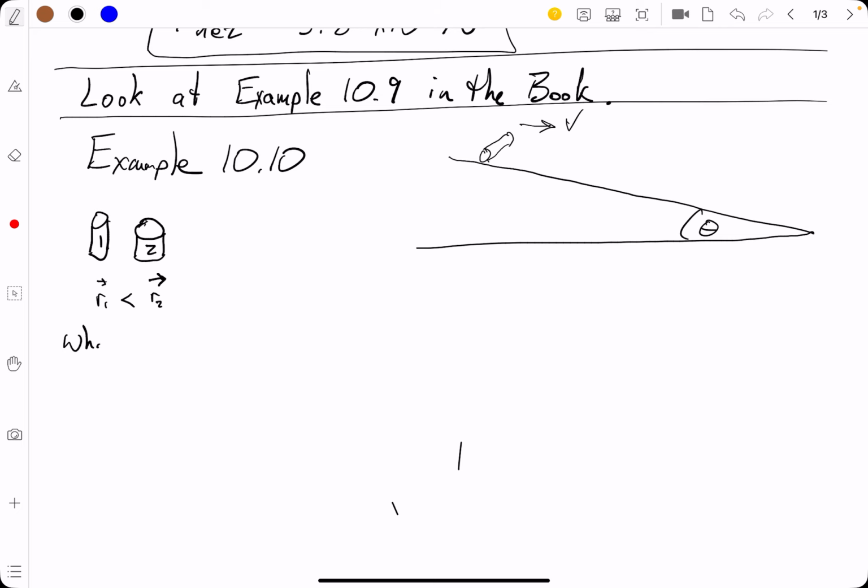So which can is faster? Okay, awesome. So here's the thing. We've got so much potential energy, and of course we want to know what their final velocity, V final, is down here at the bottom.